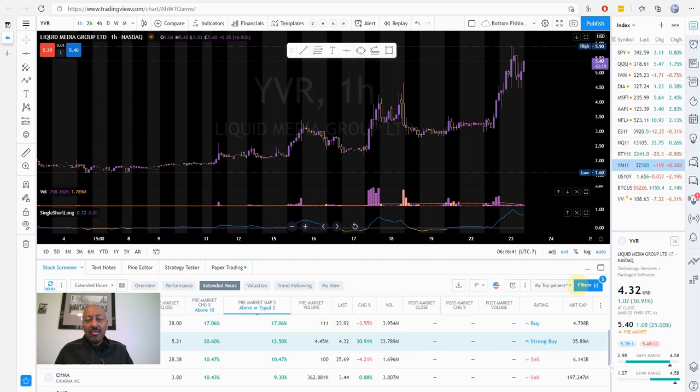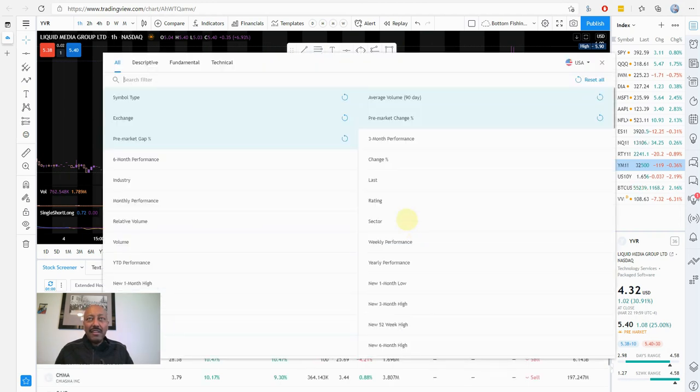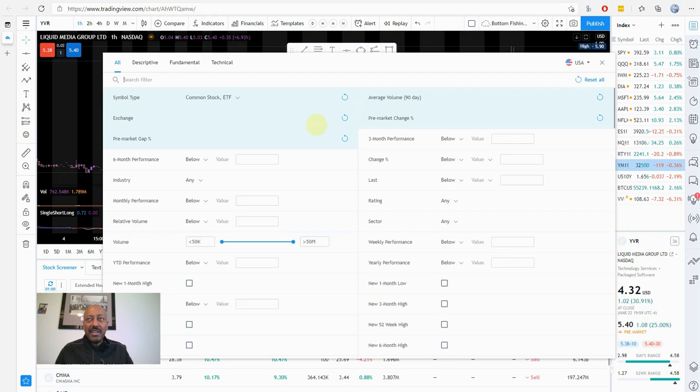Based on my filters, again, I'll show you my filters again. Based on these filters, I have a predefined small list that I can work with. So just stocks and ETFs in the US, above 500K average volume.